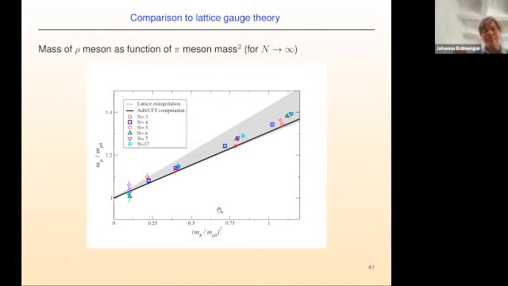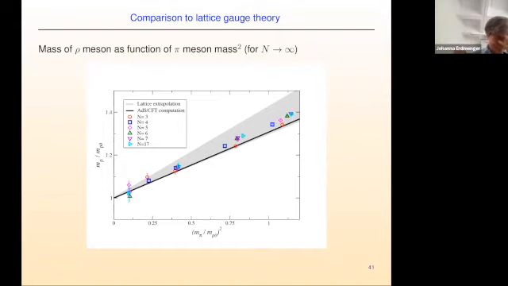Okay, and so let me explain what is compared. As I said, in ADS-CFT, we are forced to have N infinite, and not N equal to 3. And in lattice gauge theory, of course, calculations are simple if N is small, but they become more and more hard the larger N gets.